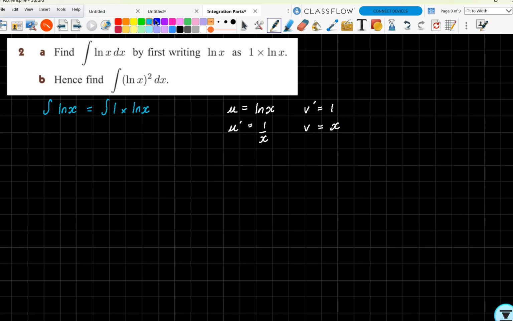So once again, this integral now becomes u times v, so x ln x minus the integral of 1 on x times x, and last time I checked that's just 1.